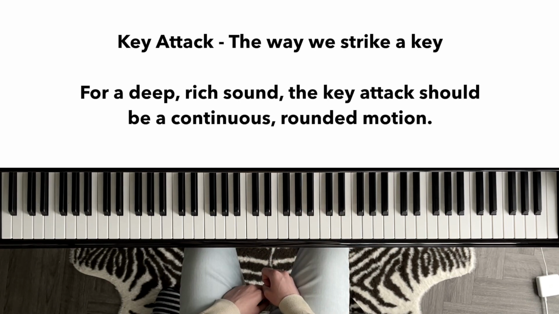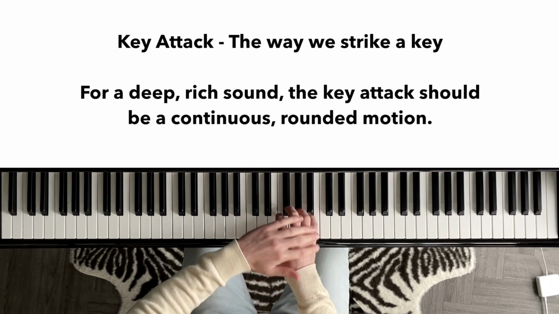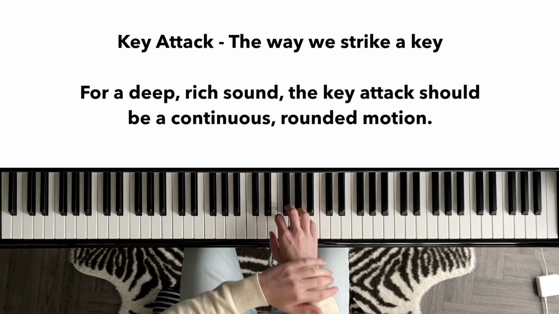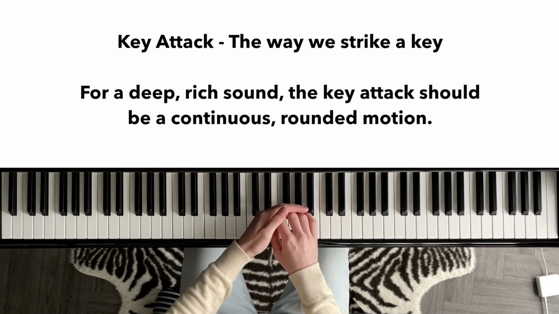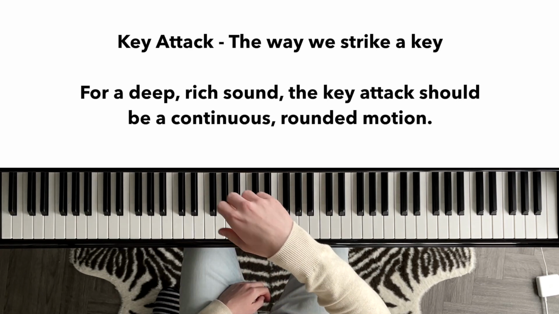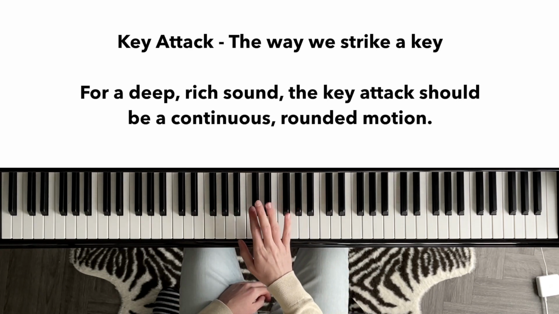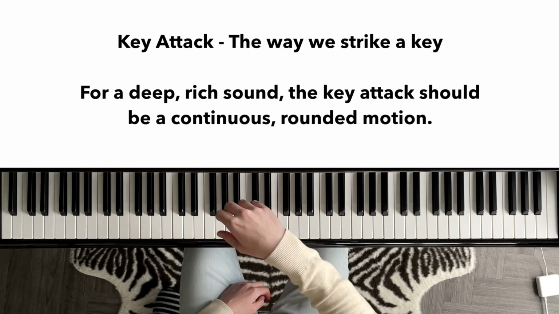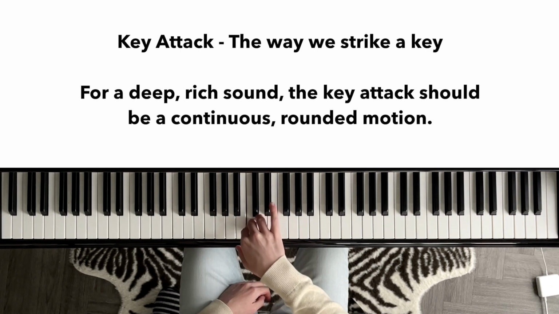As I said in my shapes video in the previous lesson, we always have a rounded shape, a relaxed wrist and rounded fingers. And when you strike a key, let's just pick middle C here, you're going to lift up your hand and in a wavy motion, get a very deep sound.